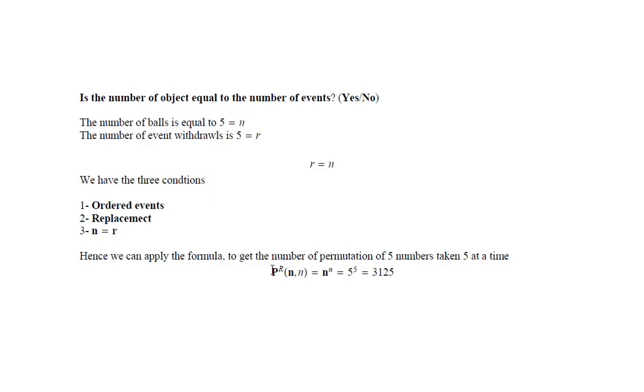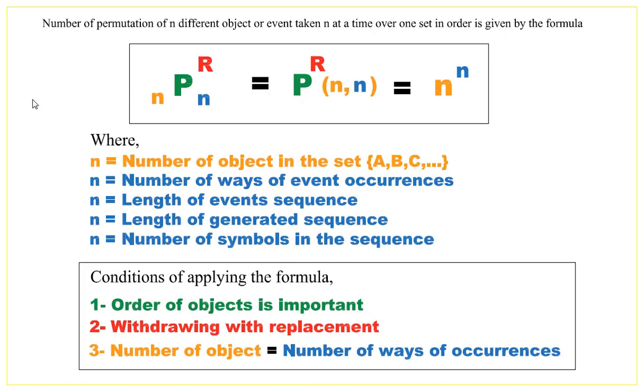Or we can say permutation with replacement of 5 different numbers taken 5 digits at a time, which is 5 to the power of 5, 3125 different numbers we can compose out of the set 1, 2, 3, 5, and 6. So we have applied the previous formula, PR and N, under the 3 conditions. The 3 conditions are met, therefore we can apply it.